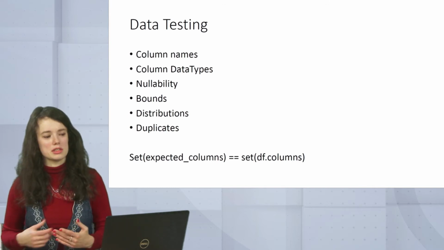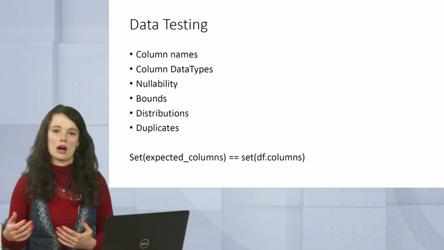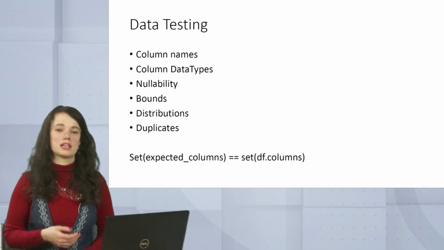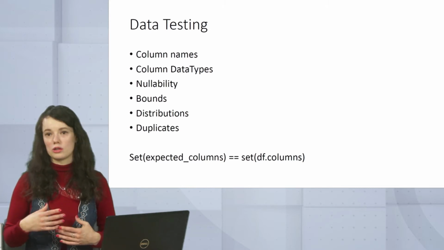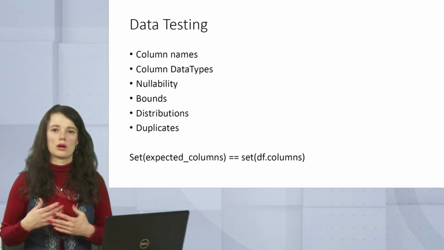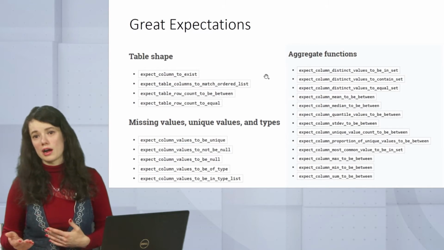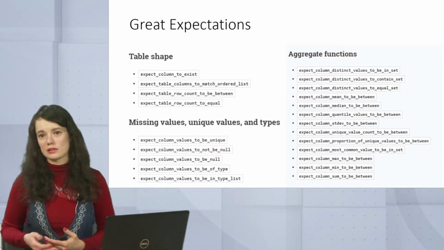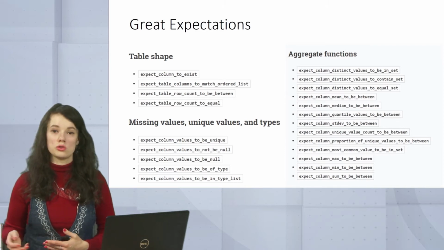For data science, it is very nice to start data testing. While you are testing your data, you can check column names, column data types, nullability, bounds, distributions, and a lot of different options. You can get inspiration by looking at the library Great Expectations or write your own tests using PyTest.